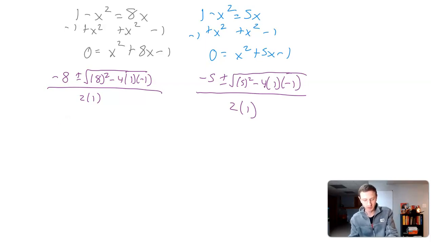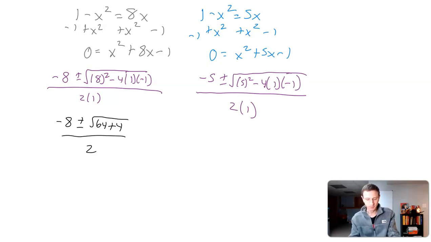Before I make a mistake here, let's just clean this up. I'm going to have 64 plus 4 over 2. And then I'll go over here and work both of these through. So this is going to be 25 plus 4 all over 2.